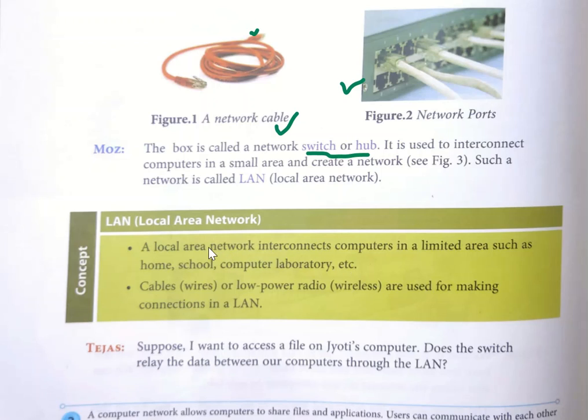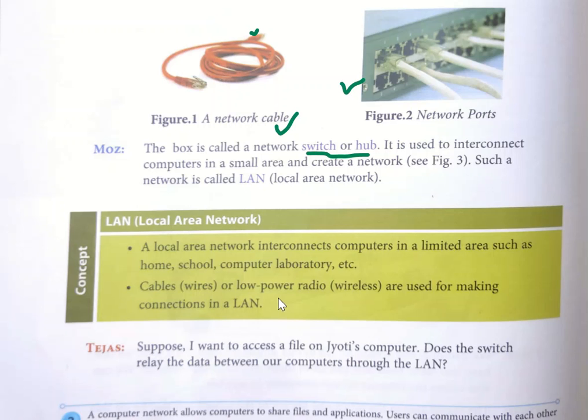So, LAN means local area network. It interconnects the computers in a limited area, and that area can be your home, your school, your room or simply your lab. Cables or low power radio or wireless are used for making the connections in a LAN.